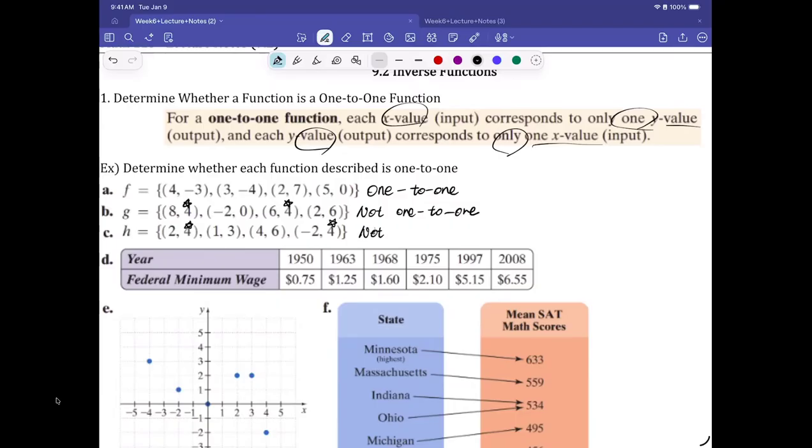Not 1-to-1. Question? Does it make sense?